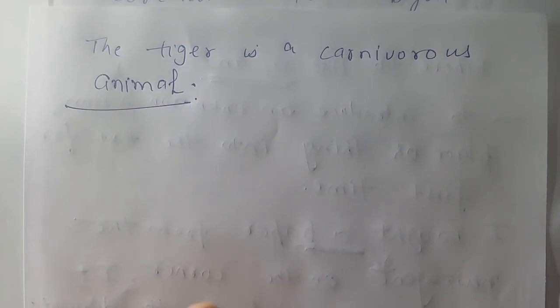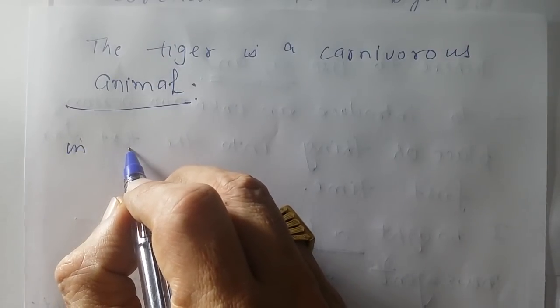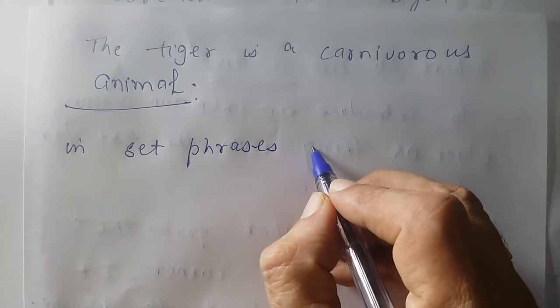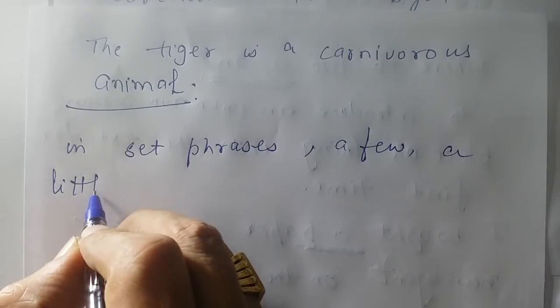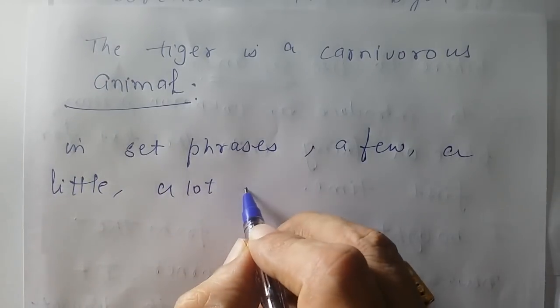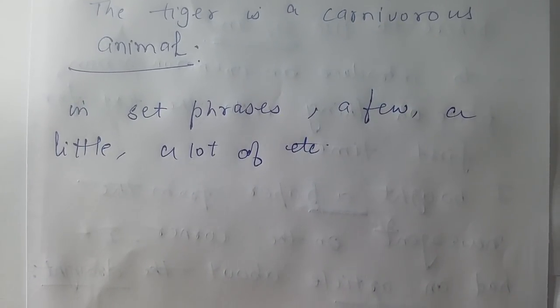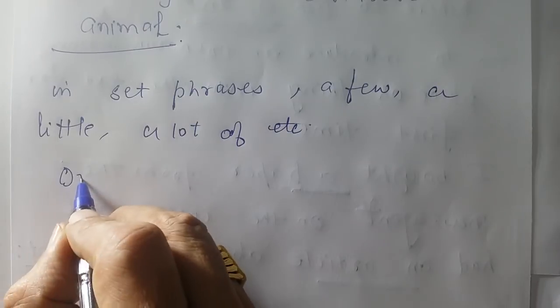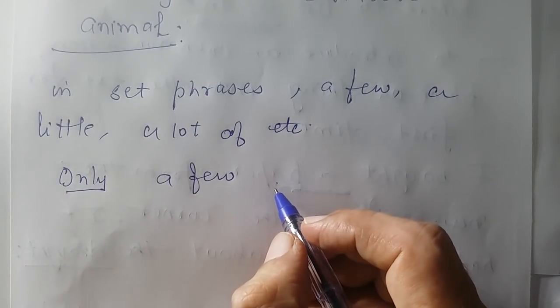I have also given you the example previously in set phrases like few, a little, a lot of, etc. Right? Only, but it has a positive sense also. Remember this thing.